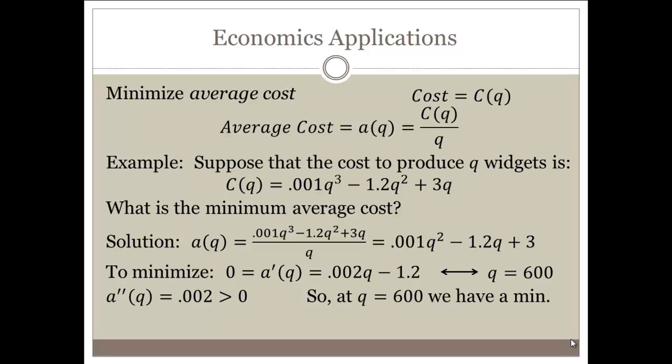Now that we know the minimum average cost happens when we produce 600 widgets, we need to find what the minimum average cost is. To do this, we simply evaluate our function A at 600, which is 0.001 times 600 squared minus 1.2 times 600 plus 3, which comes to 3. So that means that the lowest we can produce widgets for is $3 per widget.